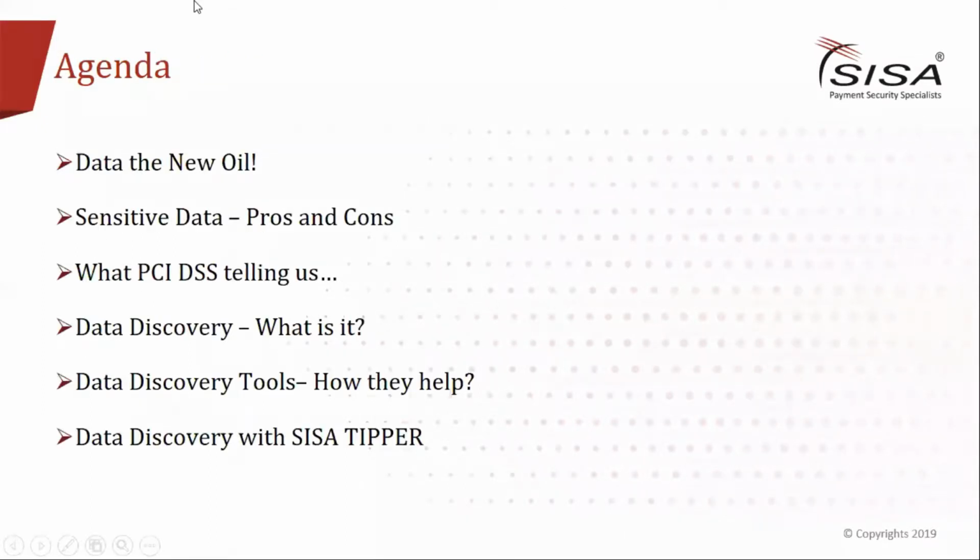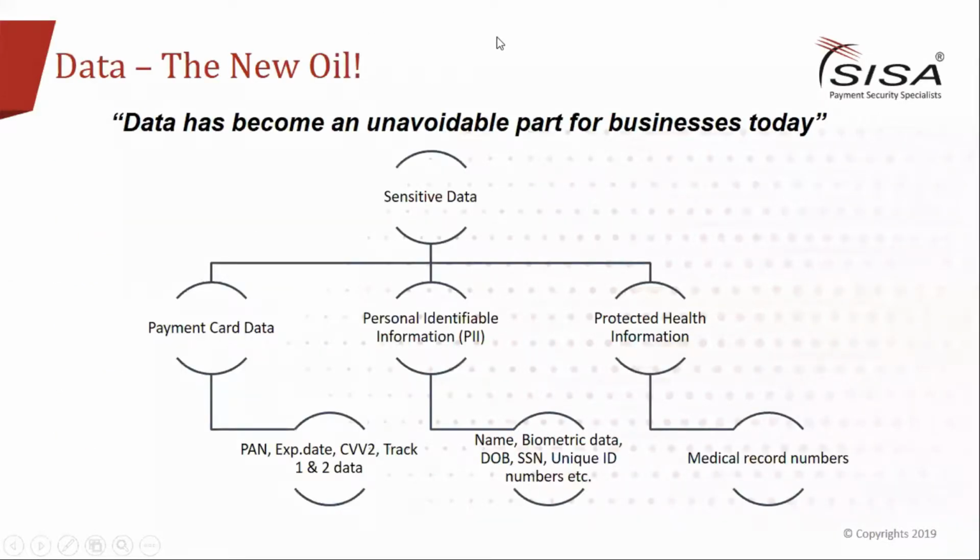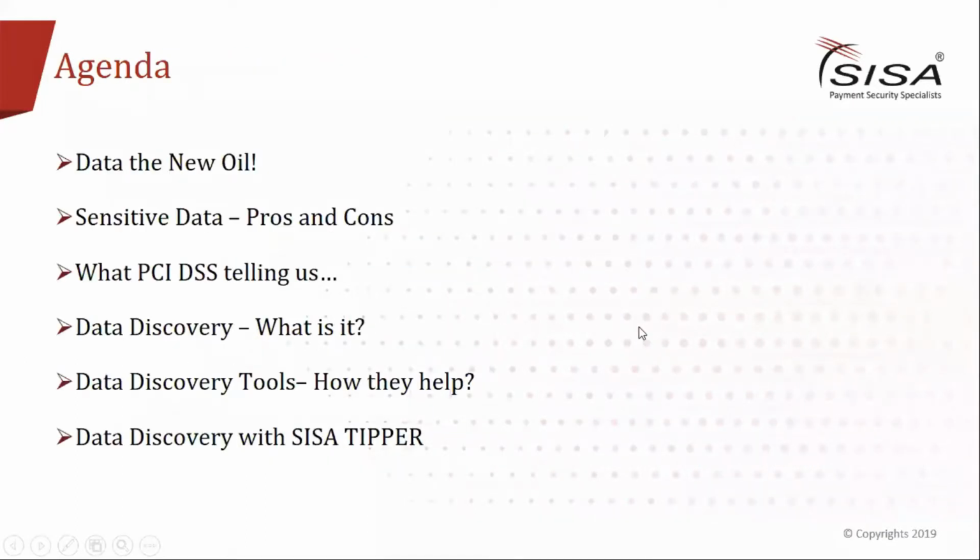Let's go through a bit of agenda. First of all, we'll be discussing data. That is, what exactly is data, or what exactly is defined as PII or the sensitive data elements. After that, we will be going through sensitive data, the pros and cons.